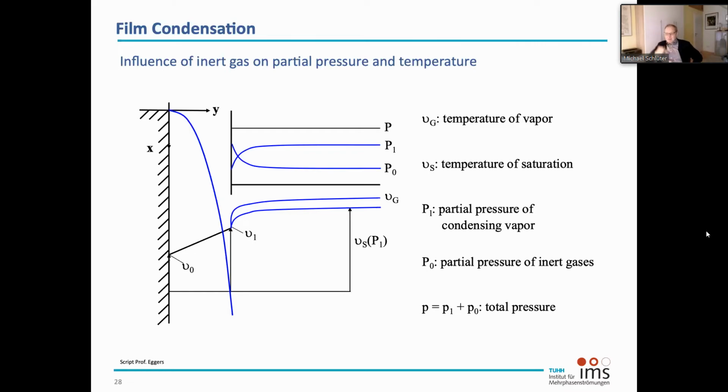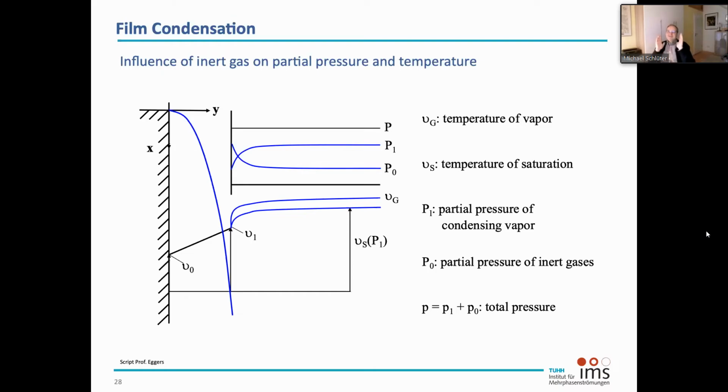So it might happen that you have a heat exchanger that you use for condensation, and you're an engineer now in industry, and in your process the heat transfer works very well first, and you have a very good condensation, and suddenly no condensation takes place anymore.